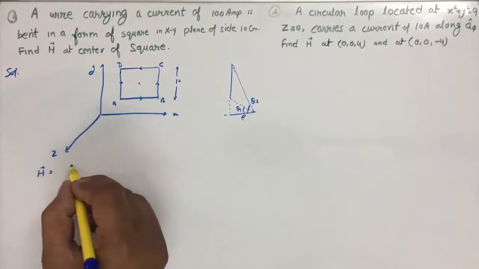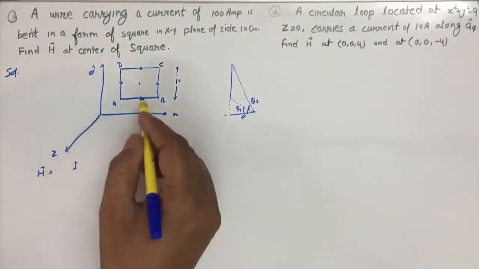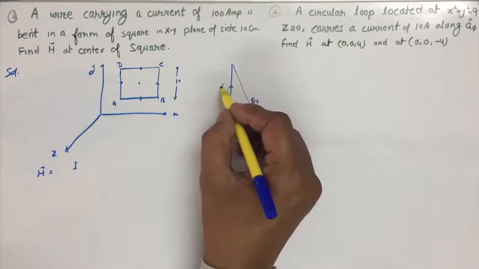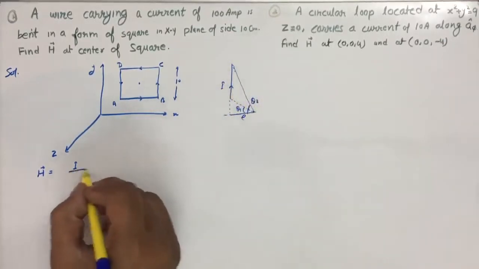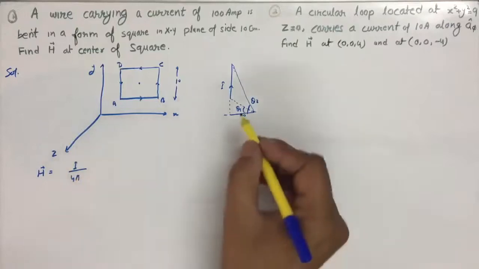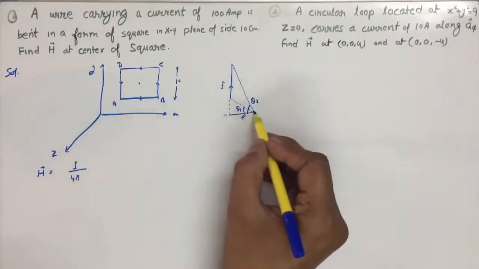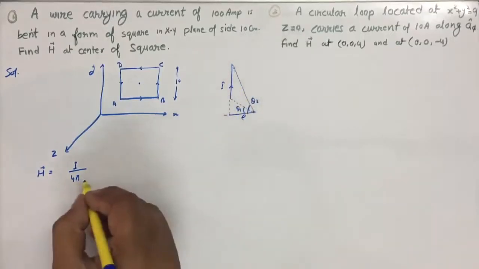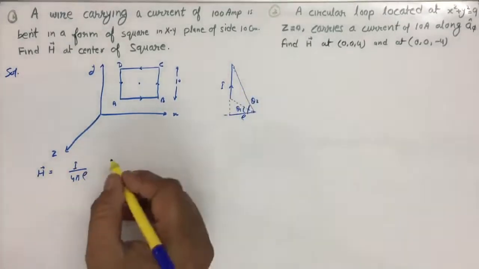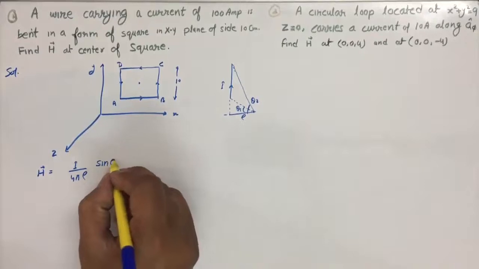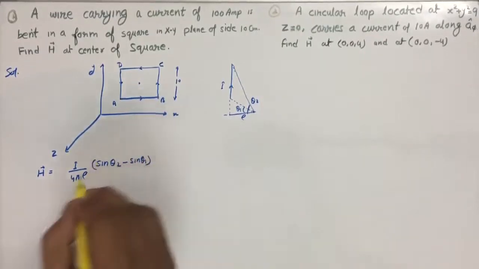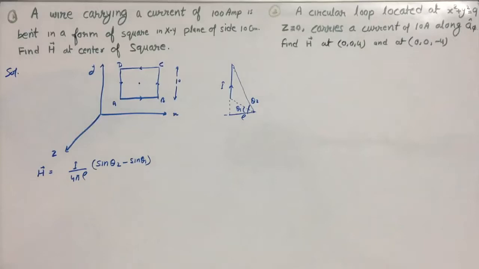That was I by 4 pi rho, where I is the current flowing in that conductor, rho is the perpendicular distance from the point to the conductor, times sine theta 2 minus sine theta 1. We have derived it already.